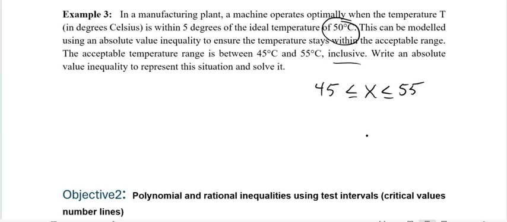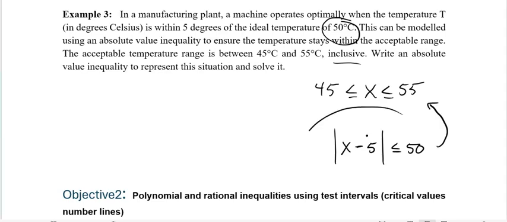We're within 5 degrees of 50, so I would write it like this. Okay, so the translation here would be this is within 5 degrees of 50 degrees. And another way to think about it, if the next step would be to write like that, like we did before to solve. So this would be my answer to write an absolute value inequality for this scenario.